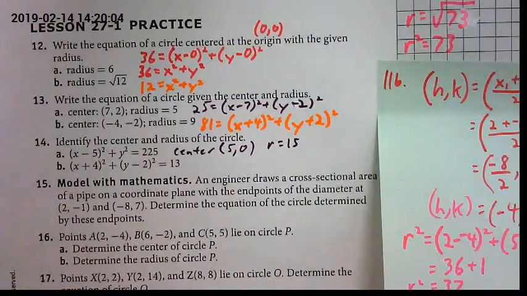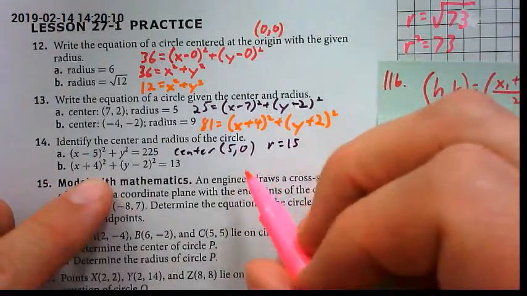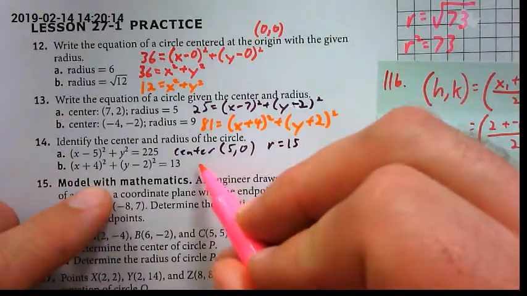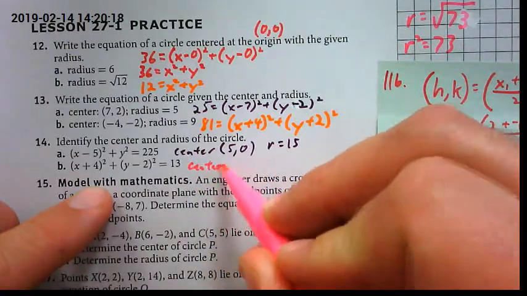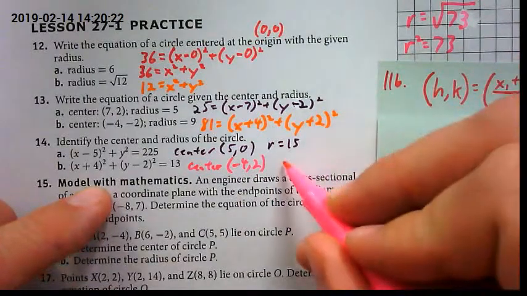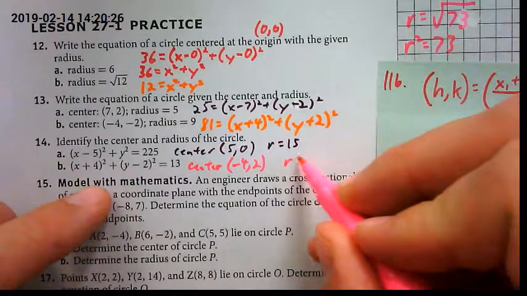All right. For 14B, can I get somebody else to give me the center and the radius there? What you got? -4 and 2, yeah. All right. So center is at -4, 2. And the radius? Square root of 13.